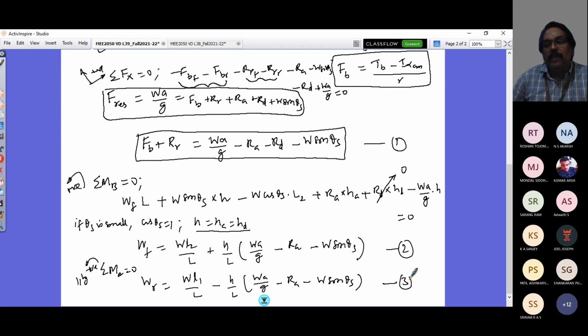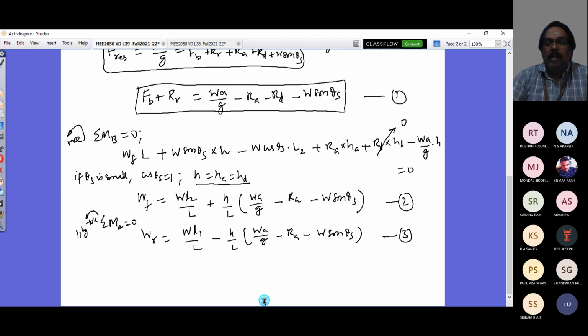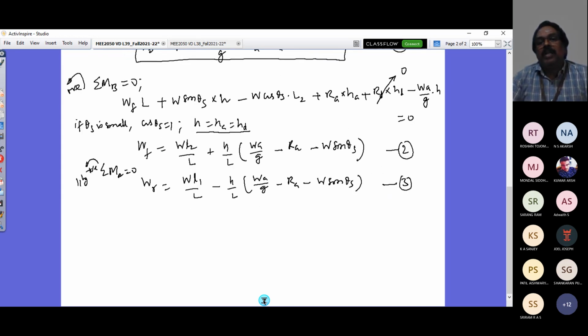This is my third equation. And it is going up the slope. Suppose you are asked in the exam, or you have to work out when you are coming down the slope and applying the brake system, what would be the change in this equation. You have to see this term would change into plus and this term change into plus, right? That you have to remember.